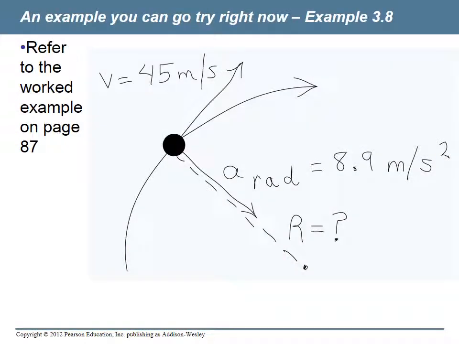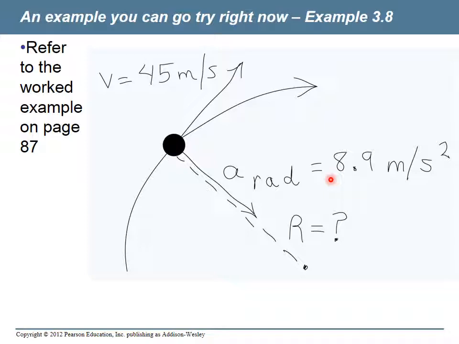There we go, back to it. If we have a velocity, either a constant velocity or an instantaneous velocity, of 45 meters per second, and a radial acceleration of 8.9 meters per second squared, then we can find the radius, because we know radial acceleration is velocity squared divided by r.